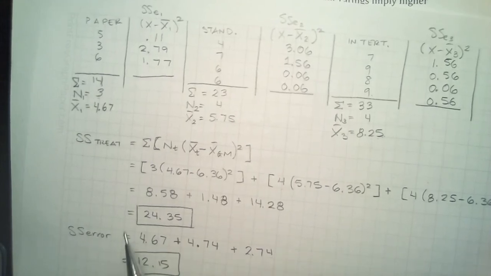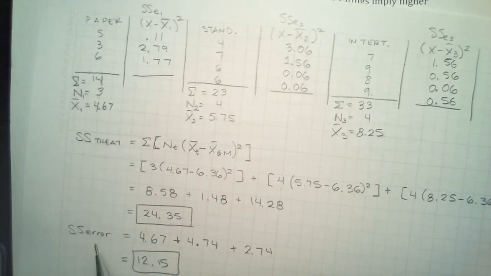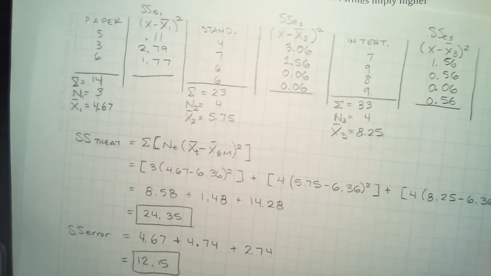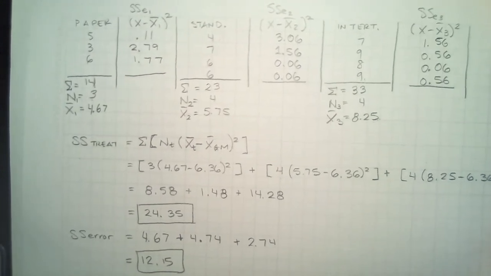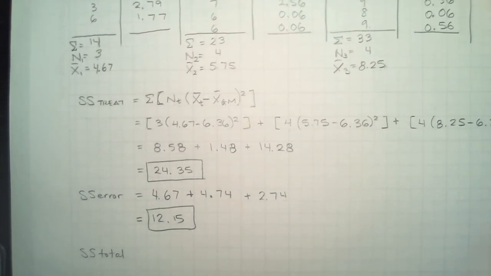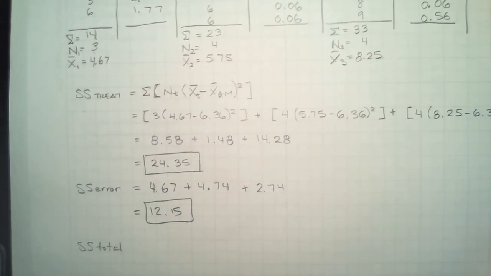So this is cool. I already got my SS treatment, my SS error. Now I just need my SS total. So if you're really worried and concerned about the time you will have available for the exam, you can go ahead and skip doing all the math for SS total.